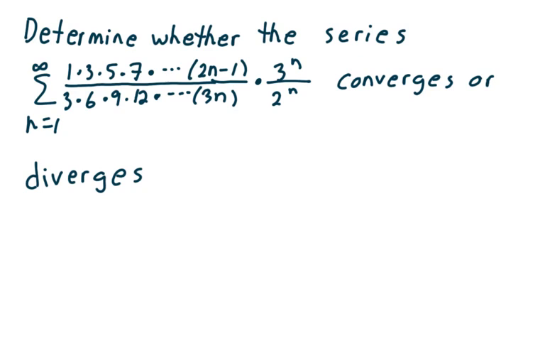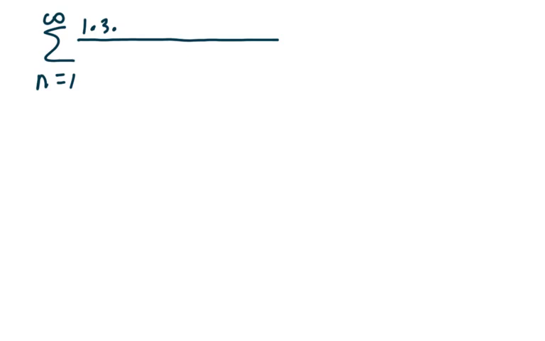Okay, so let's go to the next page, and I'm going to rewrite this summation. We're going from n equals 1 to infinity. The numerator is 1 times 3 times 5 times 7 all the way through 2n minus 1. This one doesn't change.